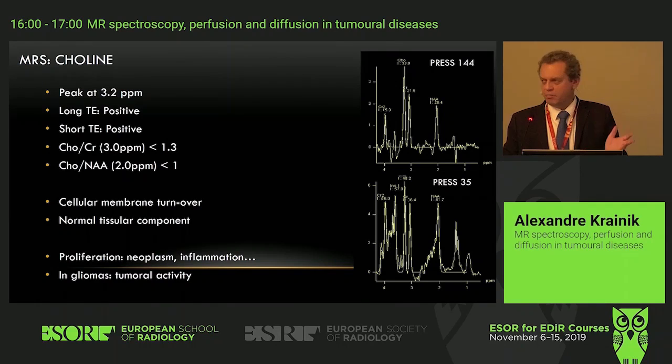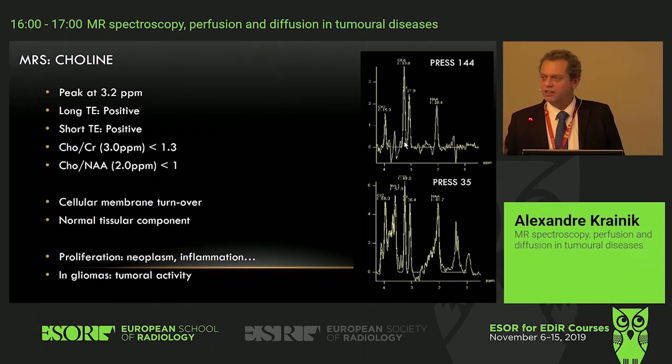There are many other peaks, but let's focus first on the peak of choline. The peak is at 3.2 ppm, and the advantage of spectroscopy is that you have real numbers. You have to really look at the value of each peak on this slide. Then choline is at 3.2, okay?